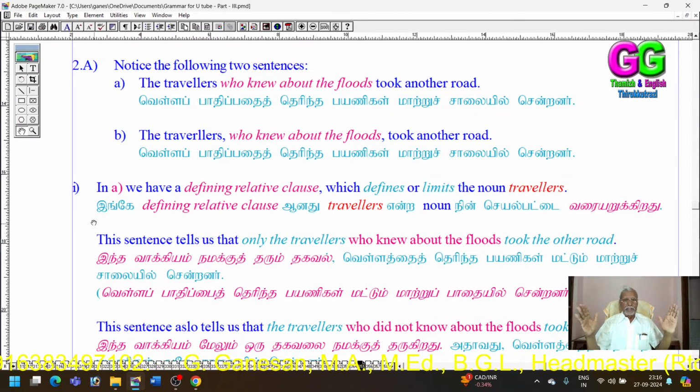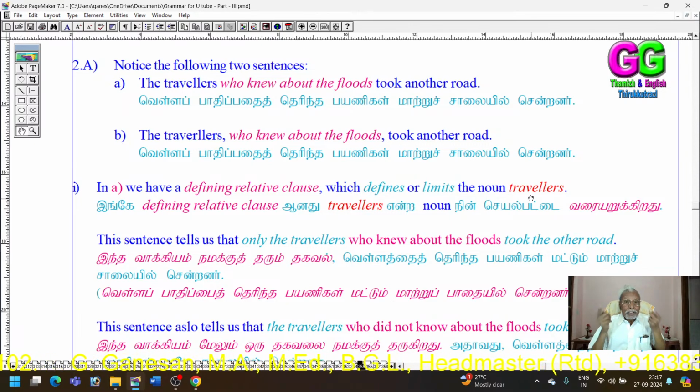Let us see it clearly with a full explanation. What are the meanings behind these two kinds of sentences? In A, we have a defining relative clause, which defines or limits the noun travelers.